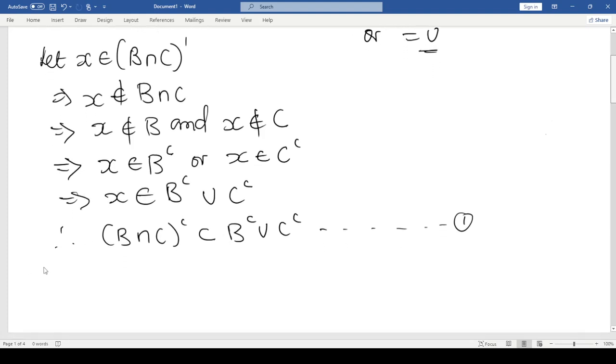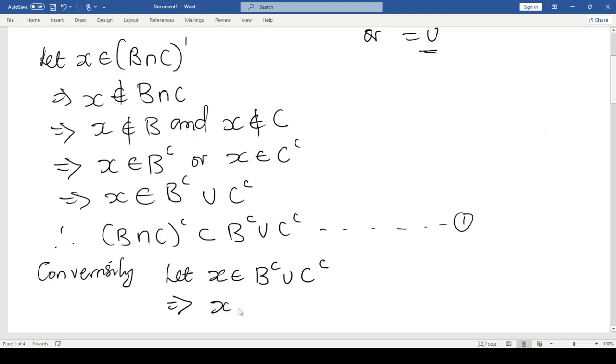So let's say conversely here, we let X be a member of what we have on the right hand side, which is B' ∪ C'. So if X is a member of this union, then we can just say X is a member of B complement, or X is a member of C complement.